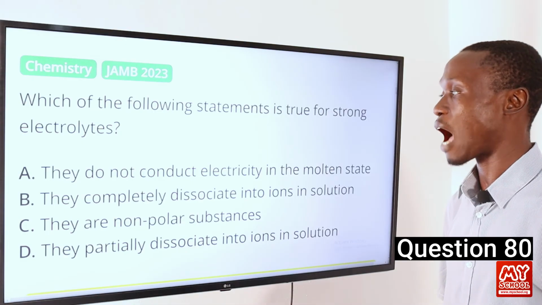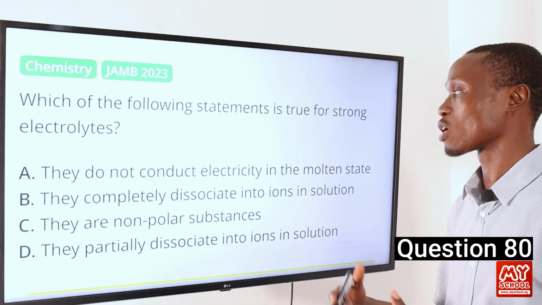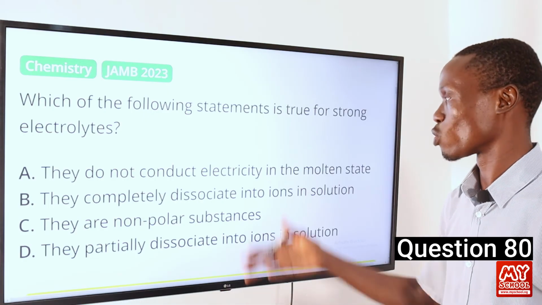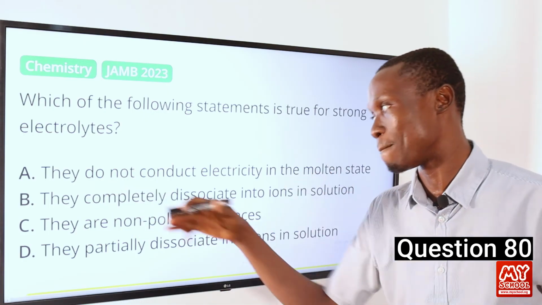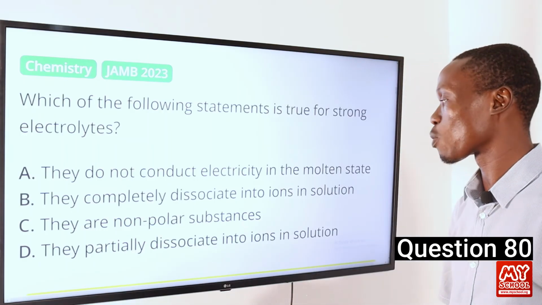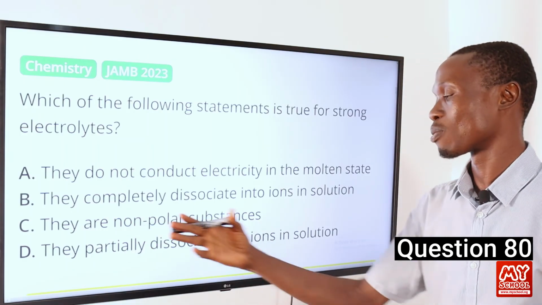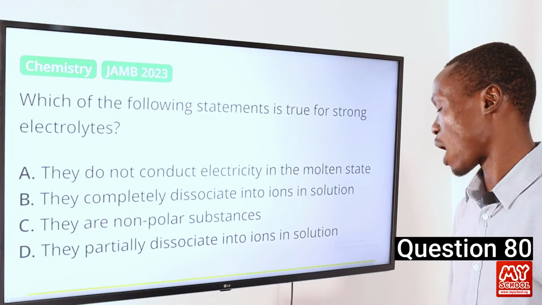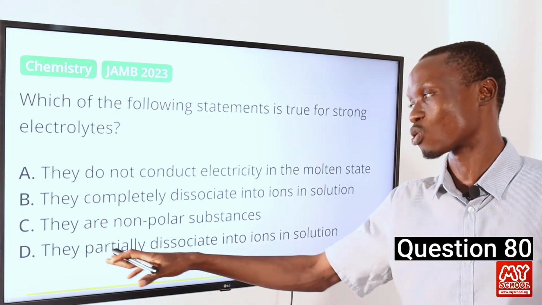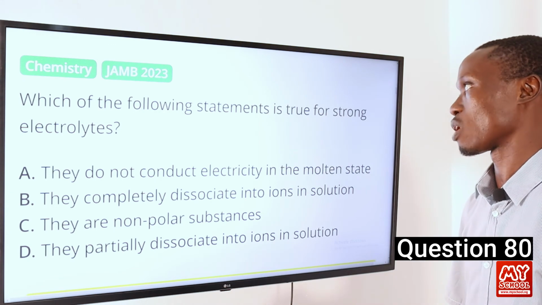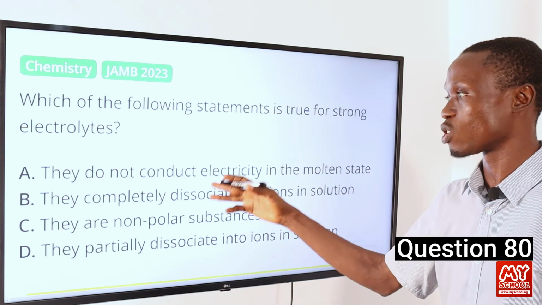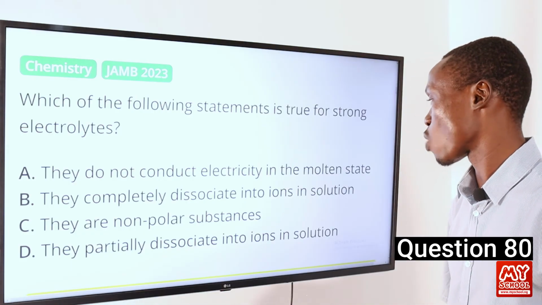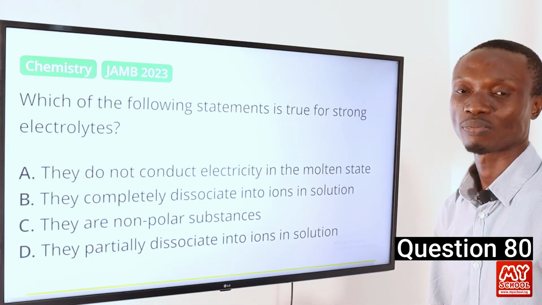Like I just said, they ionize completely. Another word for ionize is dissociate. So the correct option to this question is option B, while option C, they are non-polar substances. Option D, they partially dissociate into ions in solution. No, option D is talking about weak electrolytes. So the correct option to this question is option B, they completely dissociate into ions in solution.